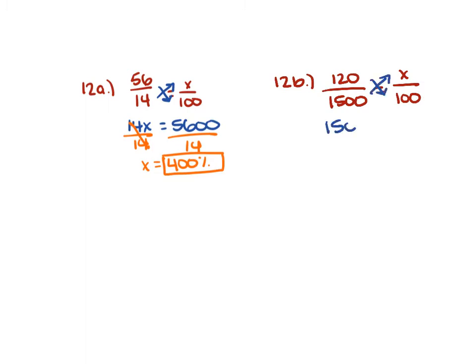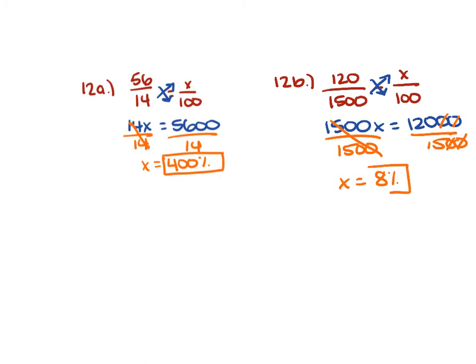We're going to have 1,500x is equal to 12,000. So we just divide each side by the 1,500. We have x is equal to, 2 zeros cancel out for both of these, so 120 divided by 15 gives us 8. So that's 8%.